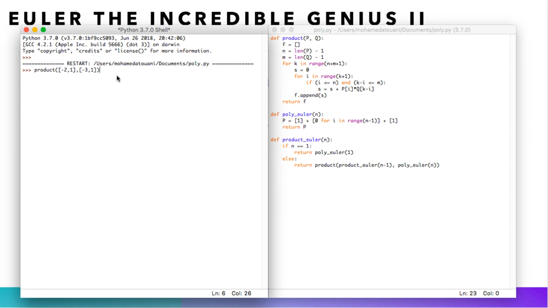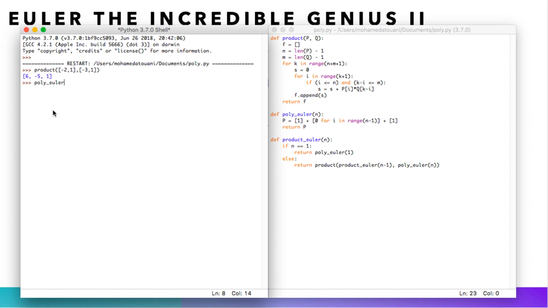After multiplication of x minus 2 by x minus 3, we should get x squared minus 5x plus 6, which means the list 6, minus 5 and 1. Is this so? Let us see together. Sure, 6, minus 5 and 1, which is the polynomial 6 minus 5x plus x squared, or equivalently x squared minus 5x plus 6.